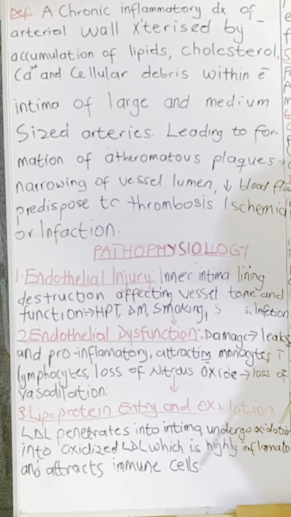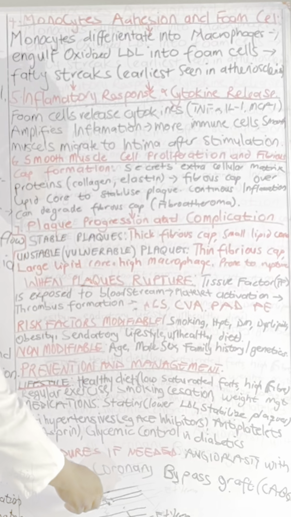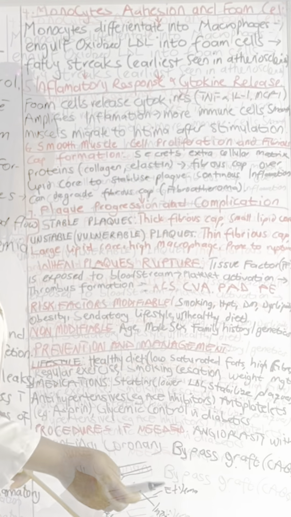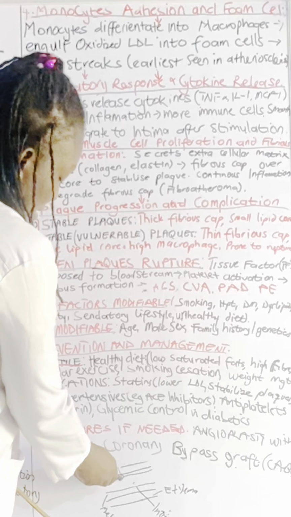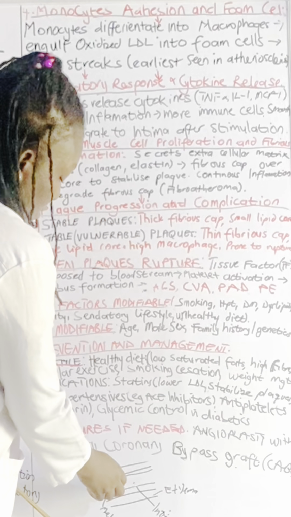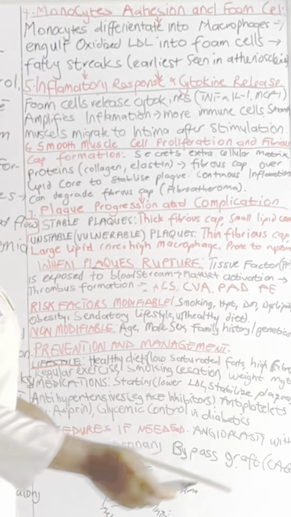Now, when this oxidized LDL gets here, it's going to trigger monocytes into the intima, because there has been space here, the LDL has penetrated, it's now here, it is oxidized, and it becomes a fertile ground attracting monocytes.